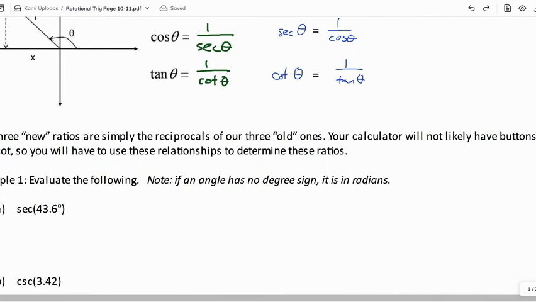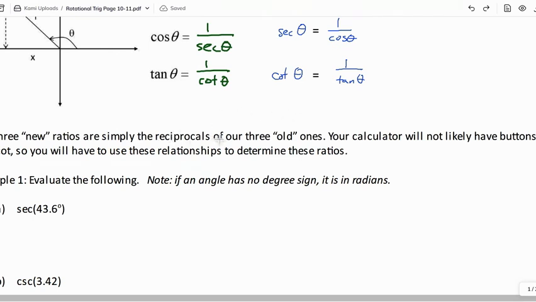I know. All right. The three new ratios are simply, they're not new ratios, right? They're reciprocals of the old ones. So we don't need buttons for that. Okay? Your calculator will likely not have those buttons.